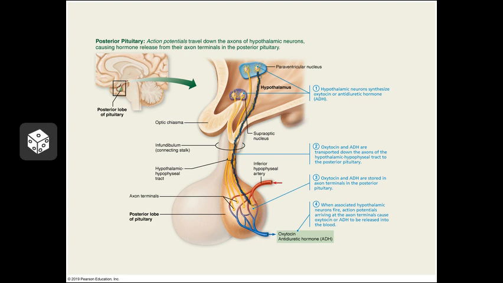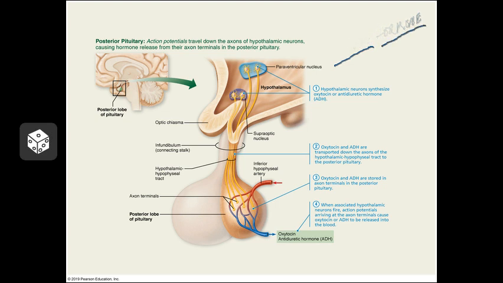These different nuclei secrete or manufacture specific neurohormones. Remember, a neurohormone is a product of nervous tissue secreted eventually into the bloodstream. So it's made by neural tissue but behaves like a hormone.